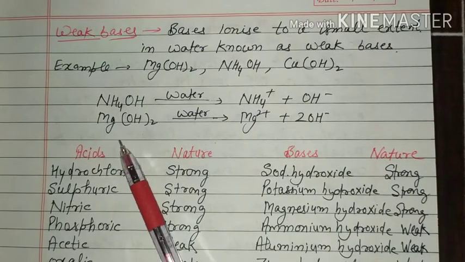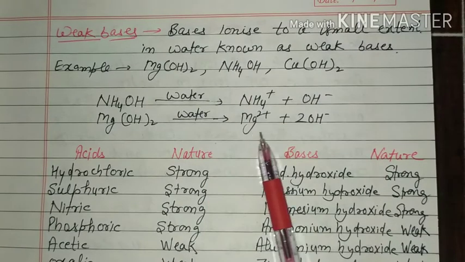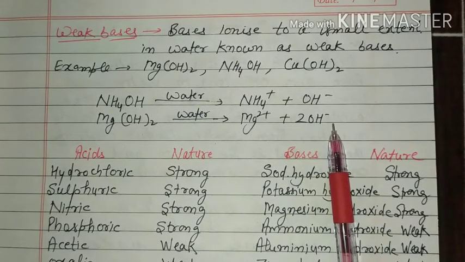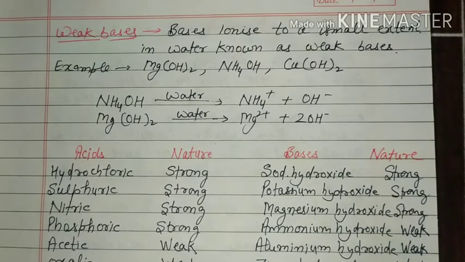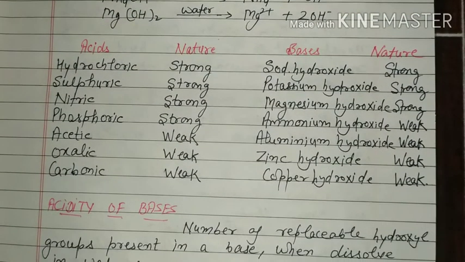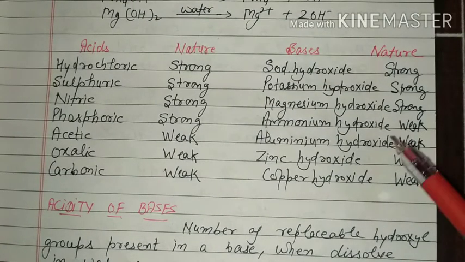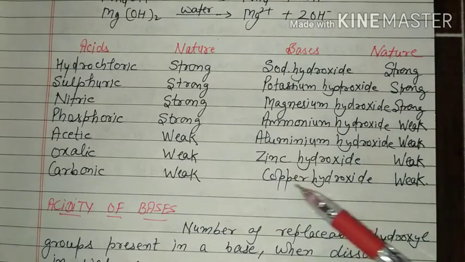Magnesium hydroxide in water gives magnesium 2 positive and hydroxyl negative ions. Here is a table of strong and weak acids and strong and weak bases. Sometimes in the exam they ask you to name one strong acid, one strong base, one weak acid and one weak base. Learn this properly and carefully.